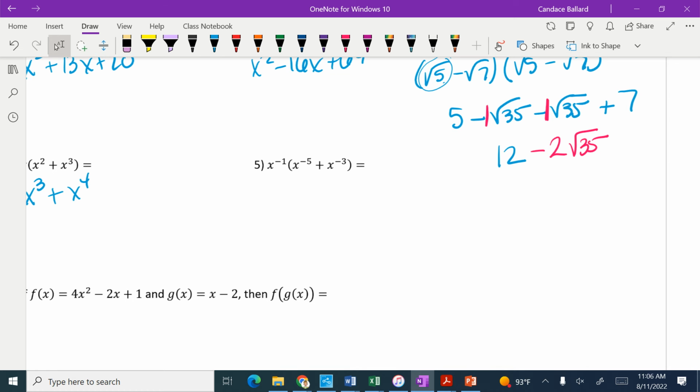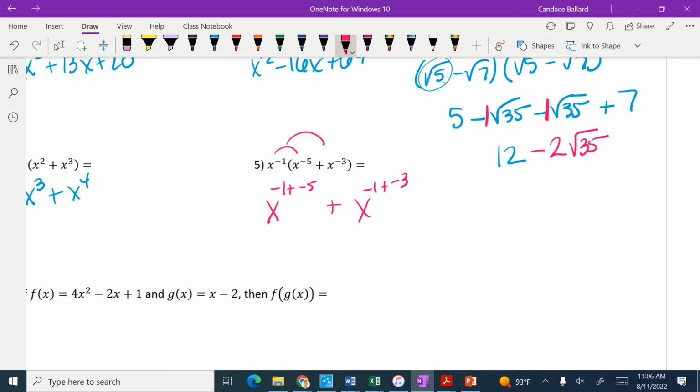All right. Let's attempt this one here. What does instinct kick in and tell you to do? Distribute. When we are multiplying variables, what do we do with the exponents? Add them. So this is x to the negative 1 plus negative 5, times x to the negative 1 plus negative 3.